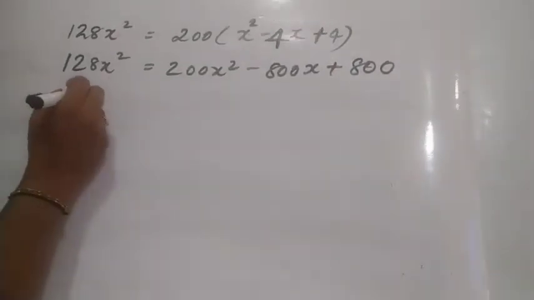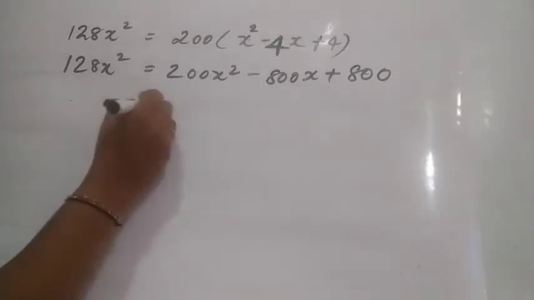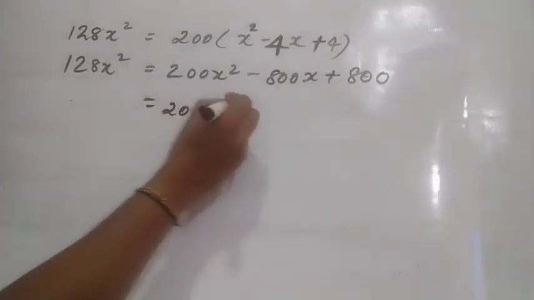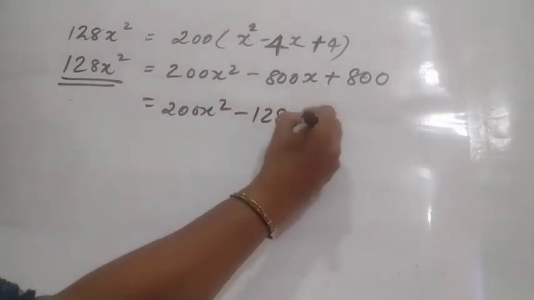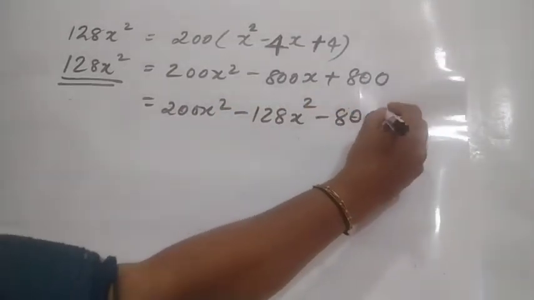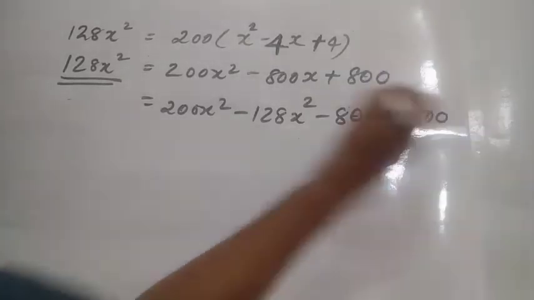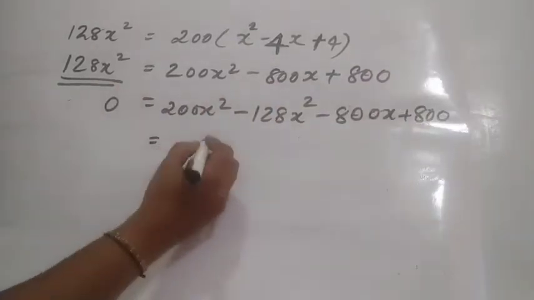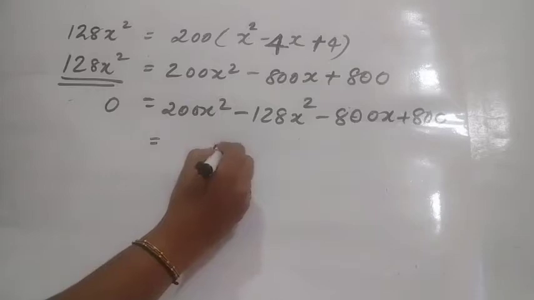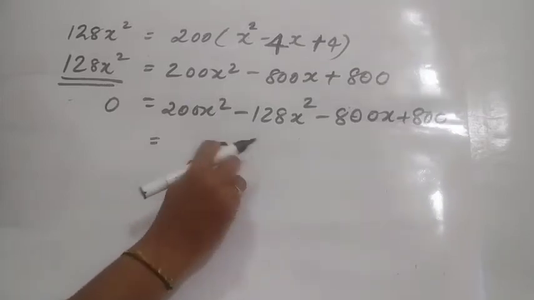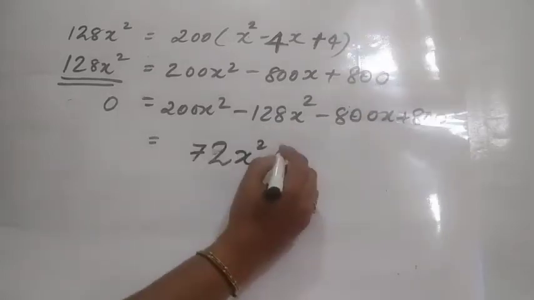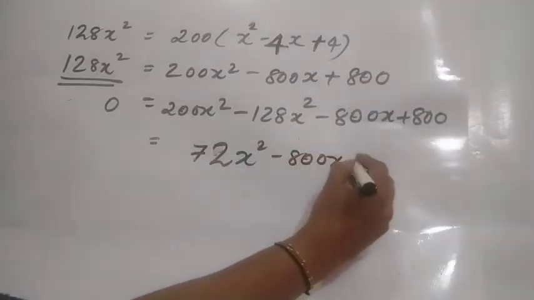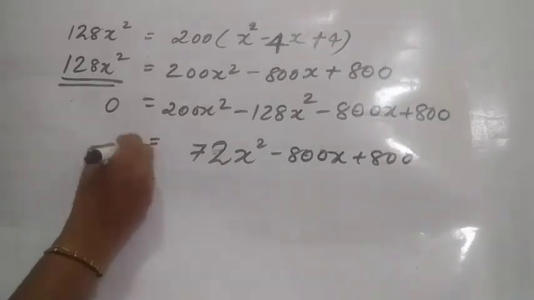We can write all the values to the right side. 200x square. We can write this 128x square to right side as minus 128x square, minus 800x plus 800 equal to 0. What is 200 minus 128? 72x square minus 800x plus 800 equal to 0.